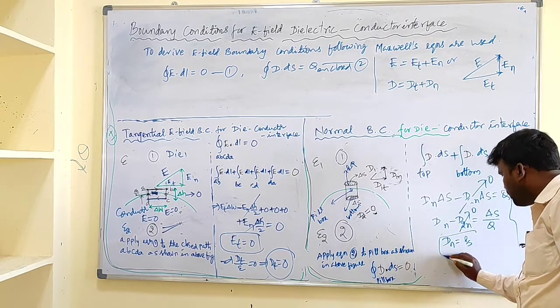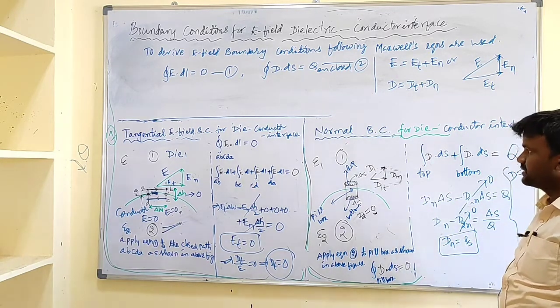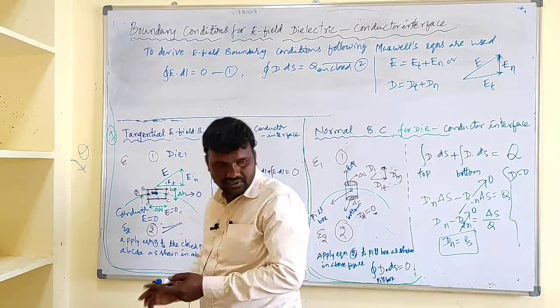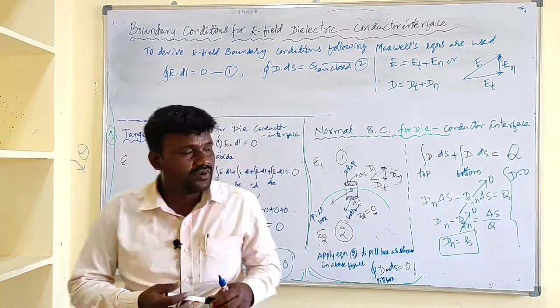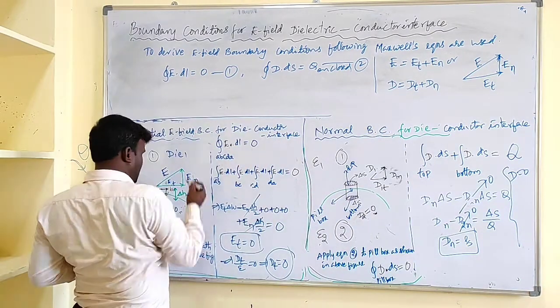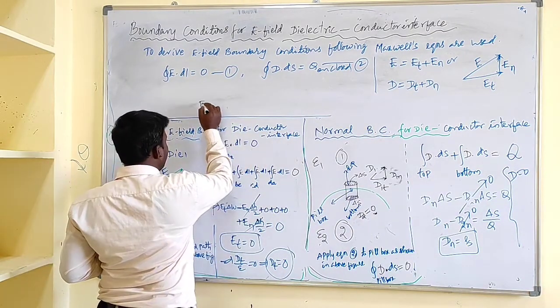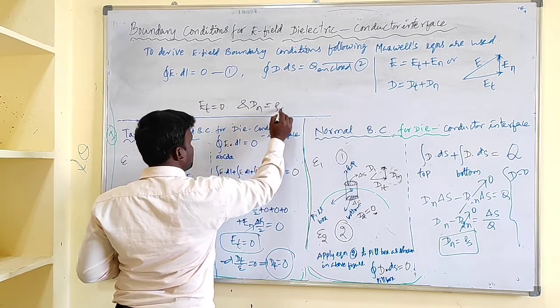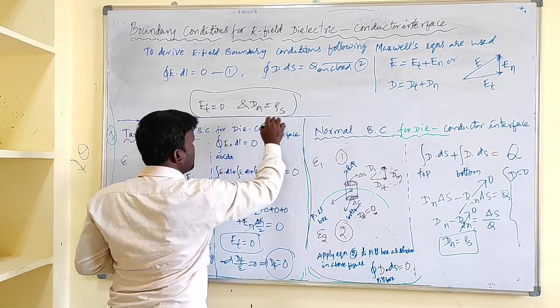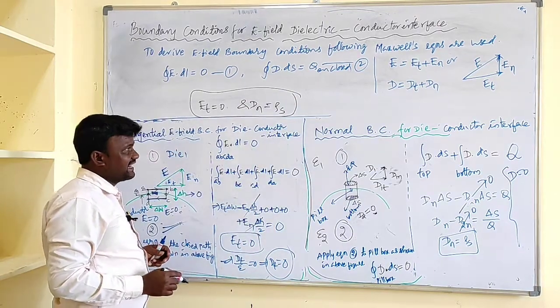These are the boundary conditions. I will write the conclusion here itself: for the electric field we have Et equal to 0 and Dn equal to rho s. This is for the dielectric conductor interface.